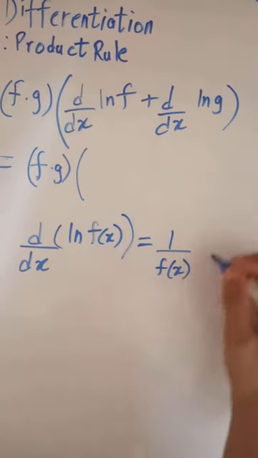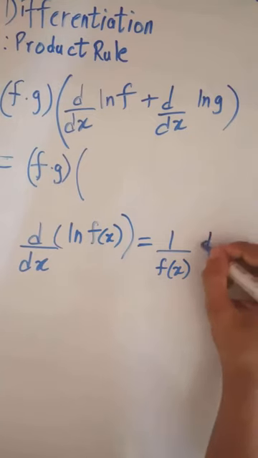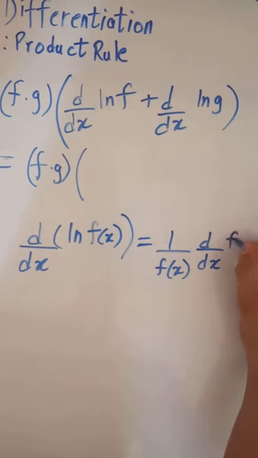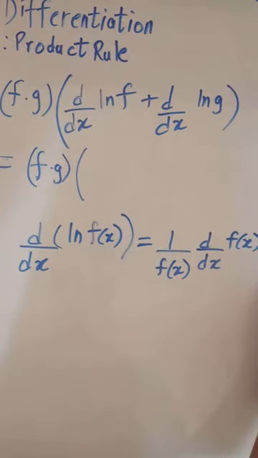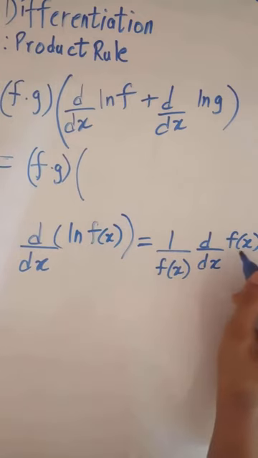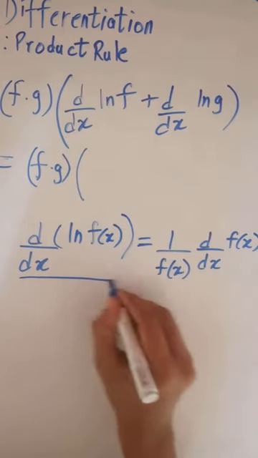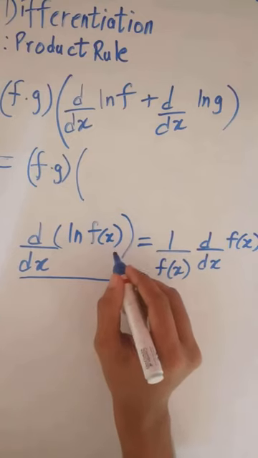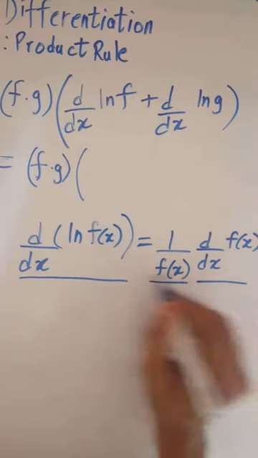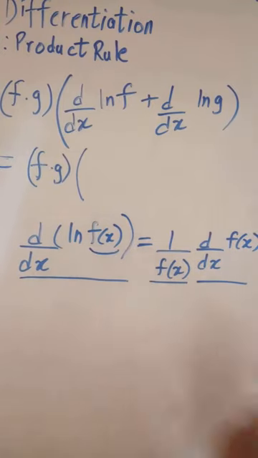And now we use the chain rule. So we take the derivative of f of x. And so the derivative of the natural log of a function is just 1 upon that function times the derivative of the function inside.